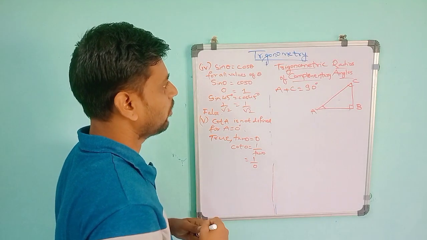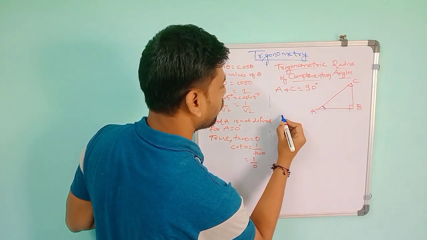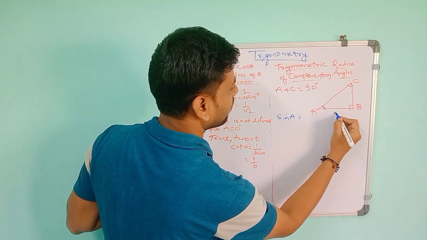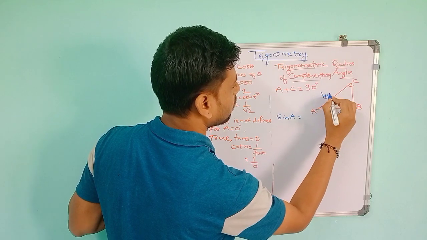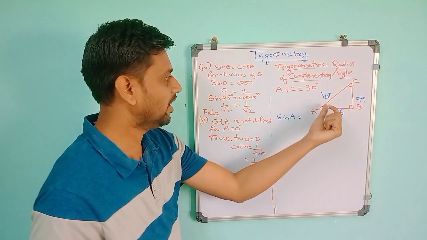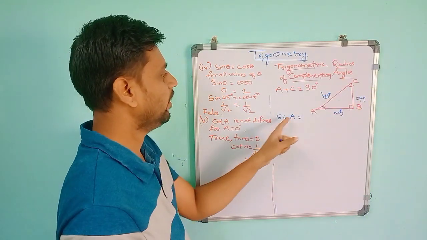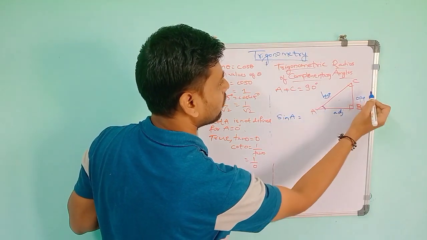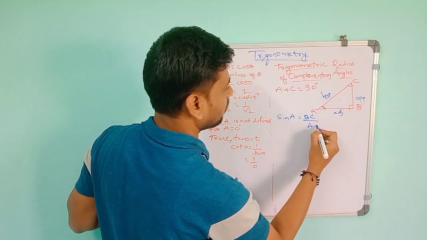6 relations we get. How? If you take sin A, for the angle A, this is adjacent, this is opposite and this is hypotenuse. So sin A is opposite by hypotenuse, so sin A is BC divided by AC.